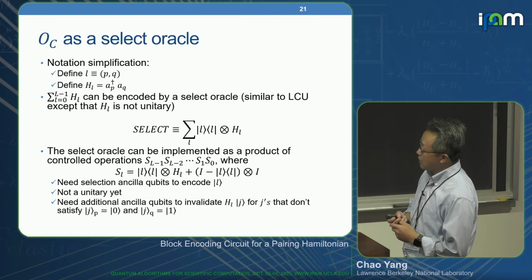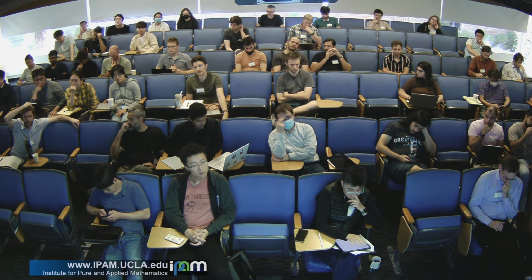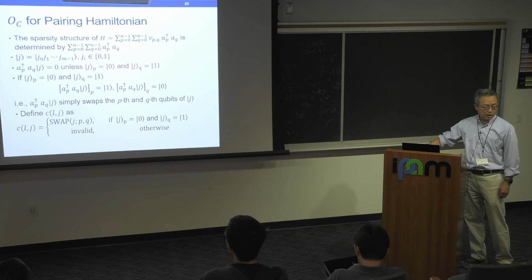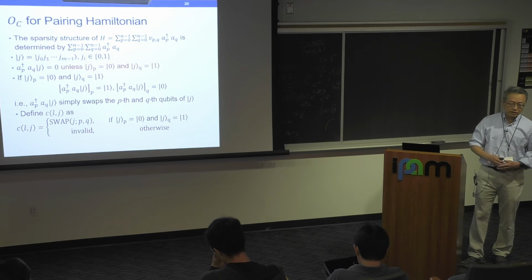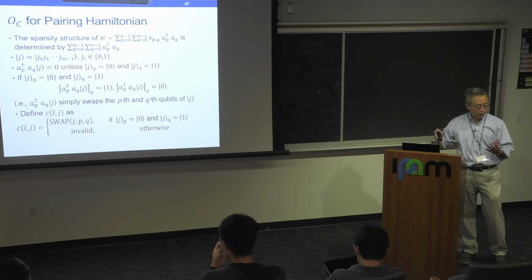Yes, a question on the HL. Maybe this was 2 slides back where you defined the A's. It looked like these A's were made out of products of creation operators. Does that mean HL is 2-body? HL is essentially 2-body, but to simplify things you can treat it as 1-body, like with this pairing Hamiltonian.